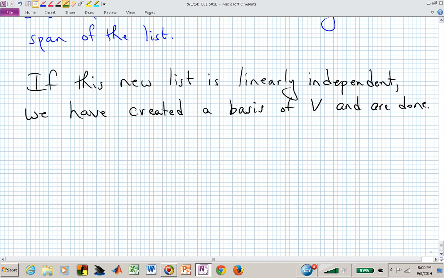What if our list is linearly dependent after throwing away one? We can throw another one away, can't we? We can find another one that's linearly dependent and get rid of it.